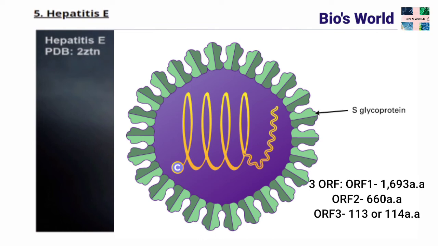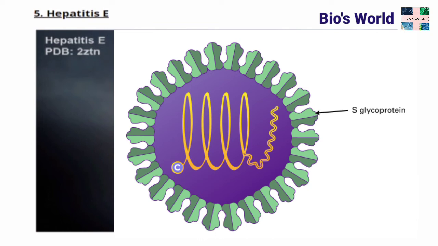So, hepatitis E virus replicates in the cytoplasm with a subgenomic RNA which produces the ORF2 and ORF3 proteins and the full genomic RNA encoding non-structural proteins and serving as a template for replication. It replicates in hepatocytes but also in the small intestine, colon and lymph node. It can transmit this disease via the fecal-oral route or through animal reservoirs.